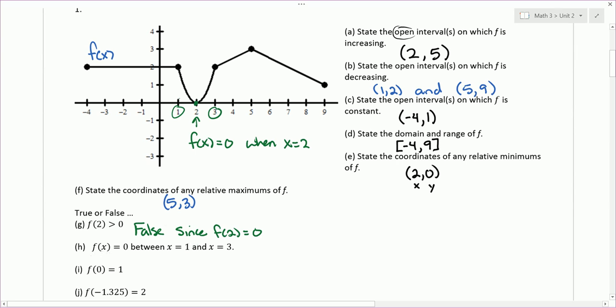So let's change this to f of x equals 0 between x equals 1 and x equals 3 for some, not all, but some x value. A little more specific now, and so we can say that that's true, since f of 2 is equal to 0.